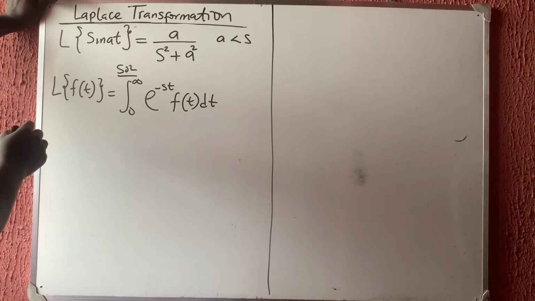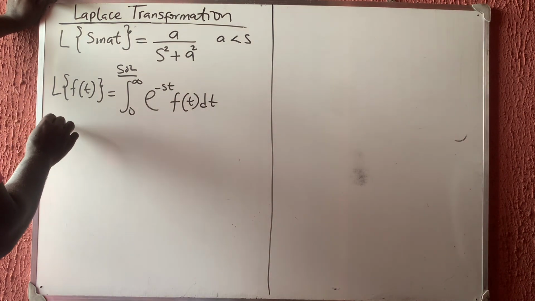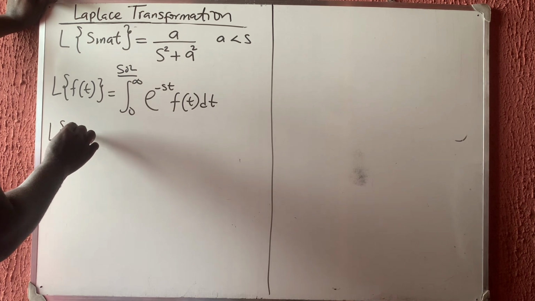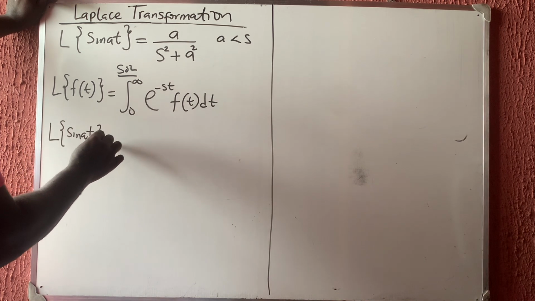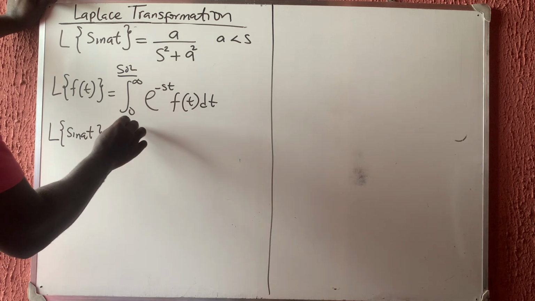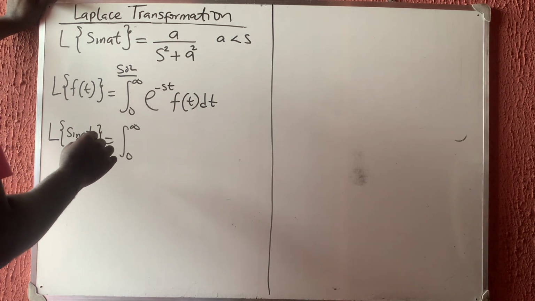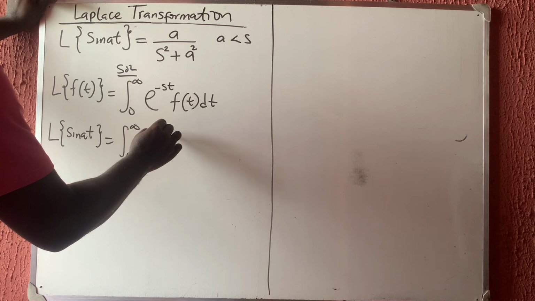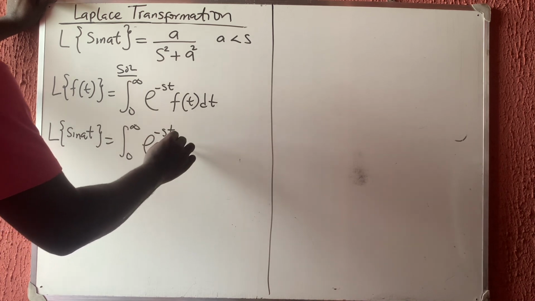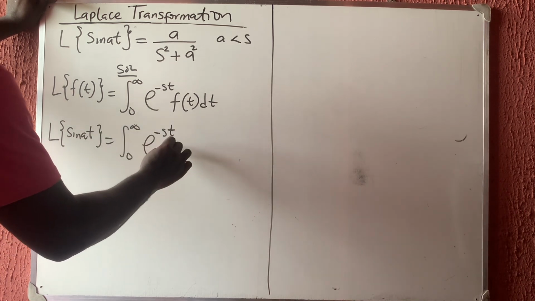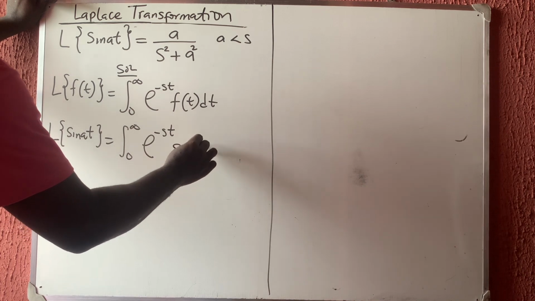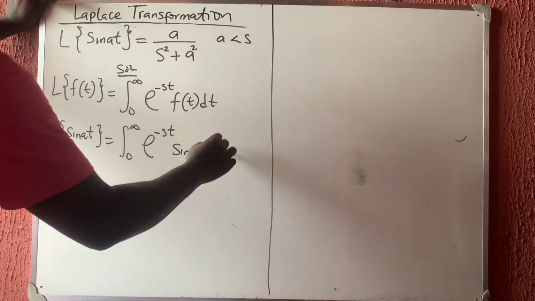If you know this, you will now know that the Laplace transformation of sine at is equal to the integral from 0 to infinity of e raised to power minus st, then sine at, then dt.